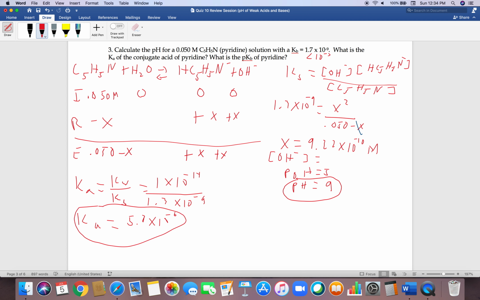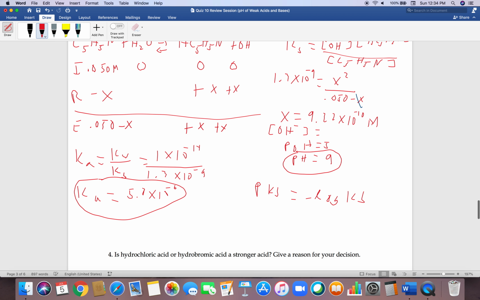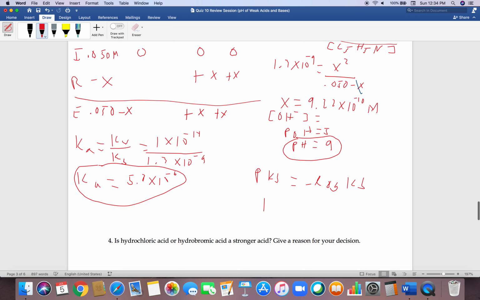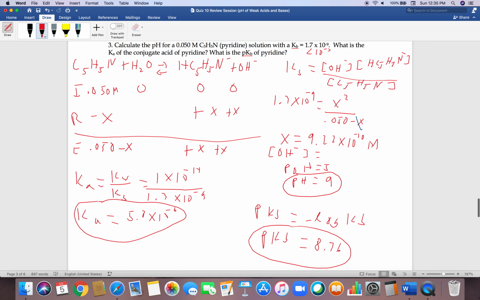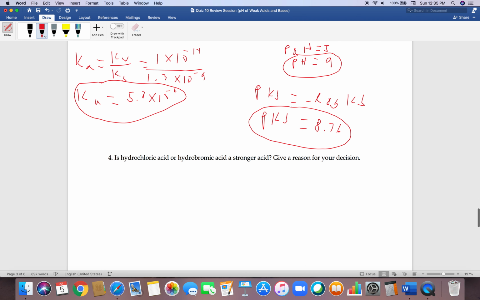And finally, we're asked for the pKb, and the pKb equals the negative log of the Kb. So we would take the negative log of our Kb, and the pKb would equal 8.76. And that is this problem. A lot of steps, just be careful with your math.